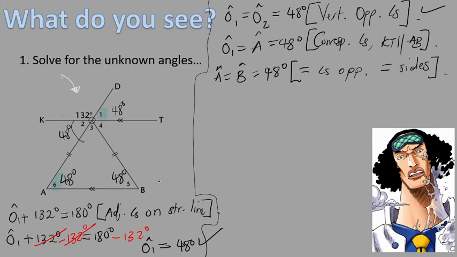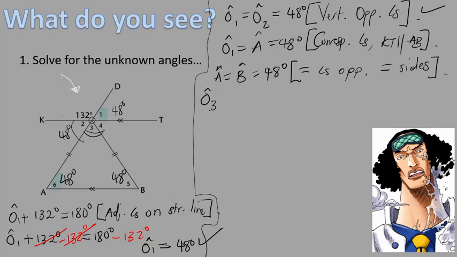Does this mean each and every angle here will be 48 degrees? No, no way. That's not going to happen. For example, let's look at this angle here, O3. How do I find angle O3?